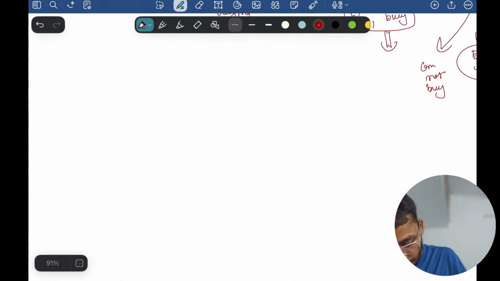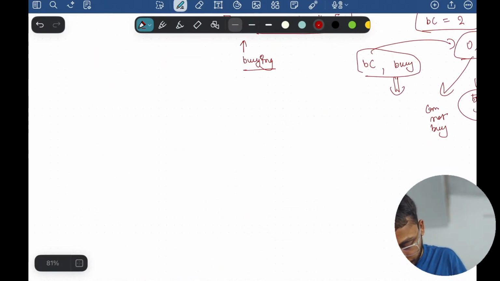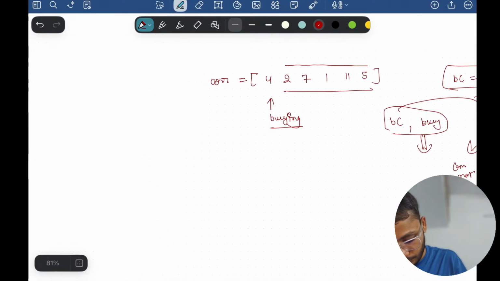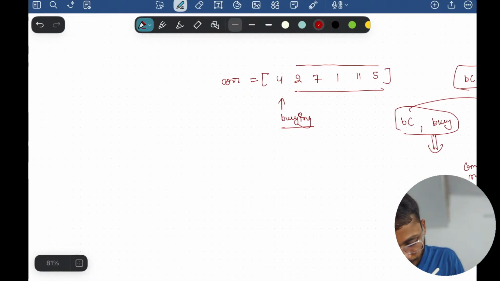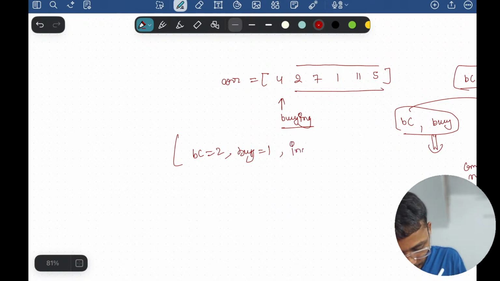So for example, at starting we will have BC equals 2 and buy equals 1, and other stuff, and index equals 0.